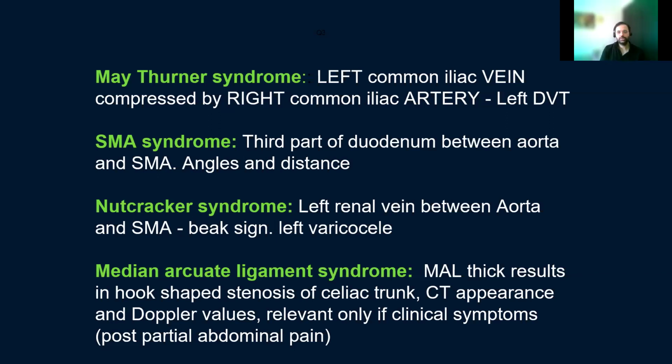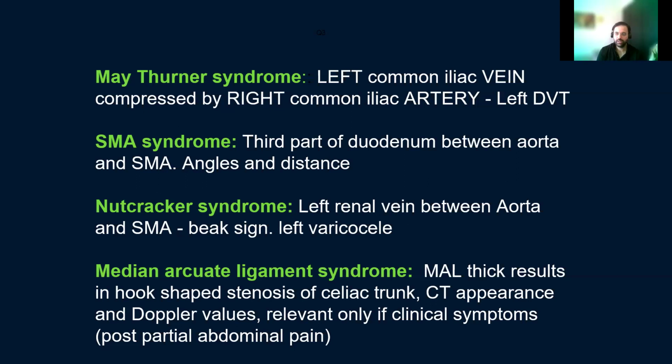Like you mentioned, with May-Turner syndrome, because left and right can get confusing, the way I would remember it is that these patients have repeated left-sided DVTs because of the left common iliac vein that gets compressed between the right common iliac artery and the lumbar vertebra. So repeated left-sided DVTs, so the vein is going to be on the left. That's how I remember that.